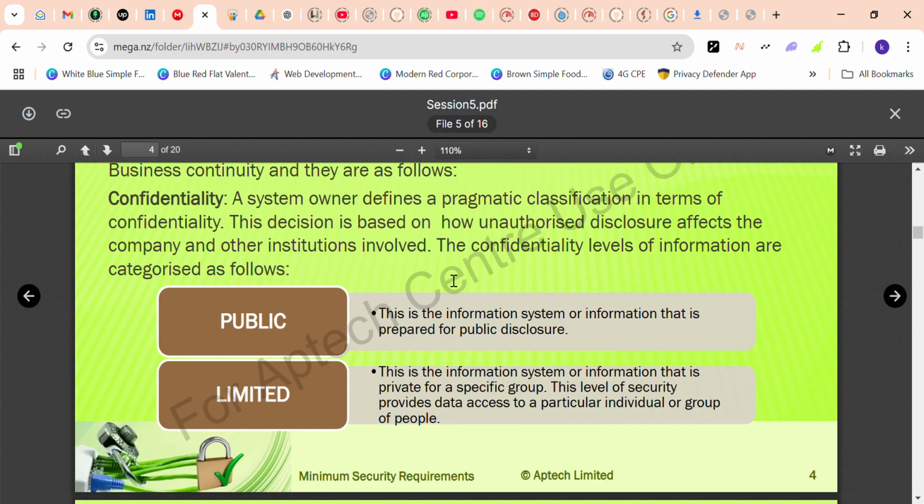Now we have limited. This is the information that is private for a specific group, for a user, for a processor, someone that will process the information, or a user that will use your information, or the bank network infrastructure system. The rest must not be public because once that kind of information is public, it can be a threat.